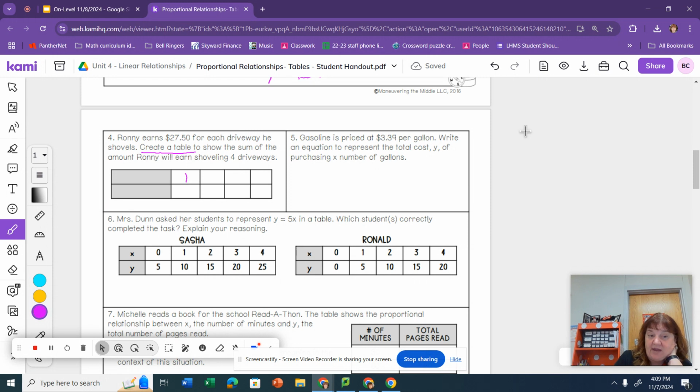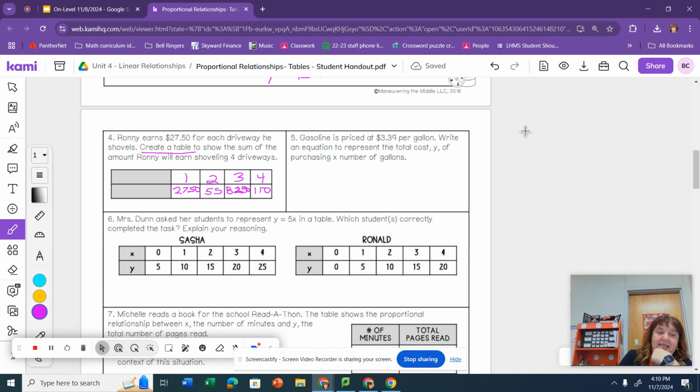So one driveway is going to be $27.50. 2 driveways is going to be $55. 3 driveways is going to be $82.50. And 4 driveways is going to be $110.